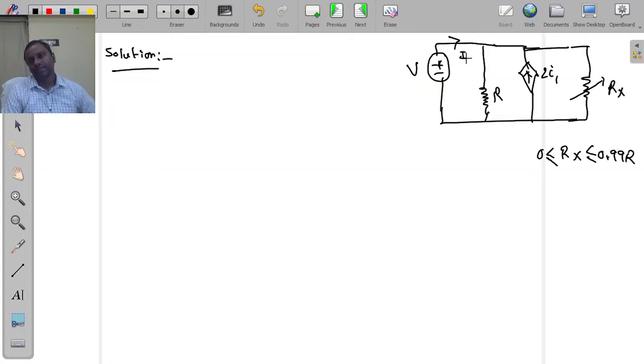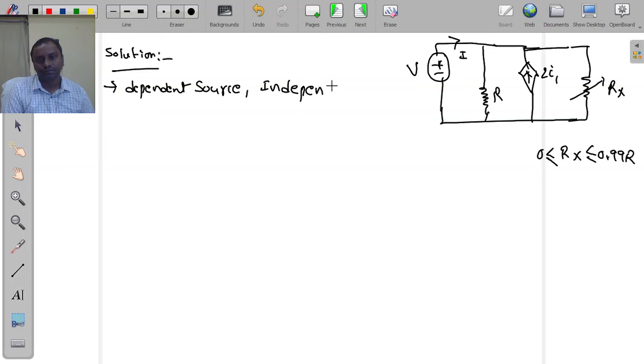Is it right? Yes. Now you see here, for this dependent source, this terminal is positive and this terminal is negative, because this dependent source is connected in parallel with the voltage source. In the sense this dependent source is also delivering the power and the independent source is also delivering the power.